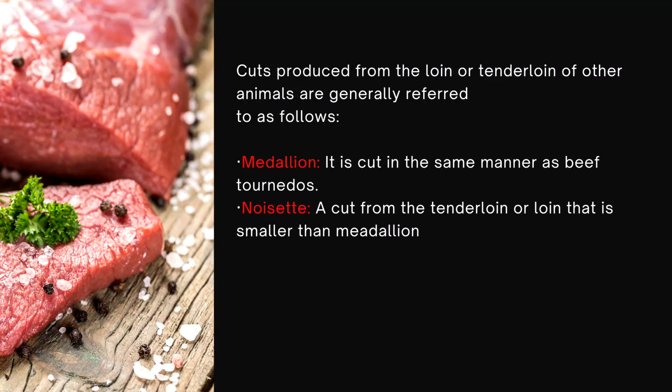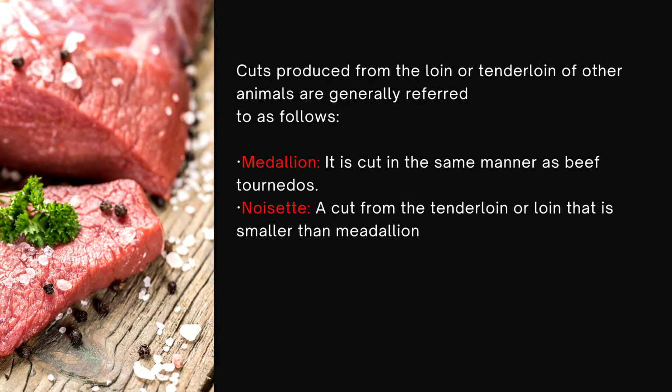To make filet medallion, a butcher cuts filet into smaller, thicker rounds rather than one huge filet. This cut allows us to prepare filet mignon in a variety of ways, such as in dishes that call for smaller beef portions.